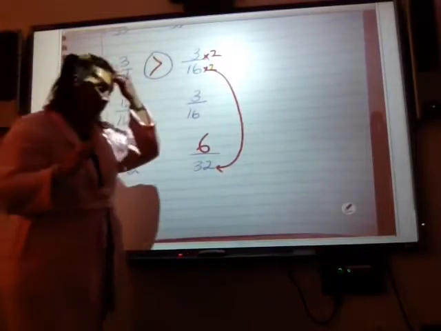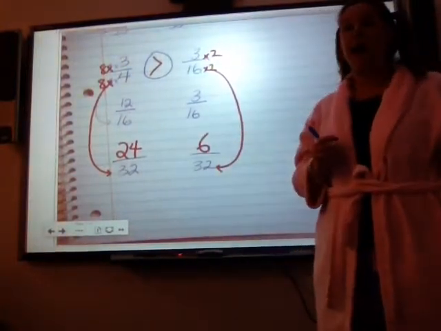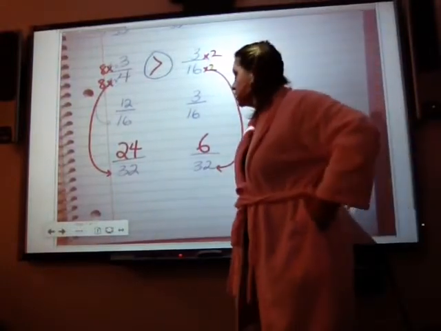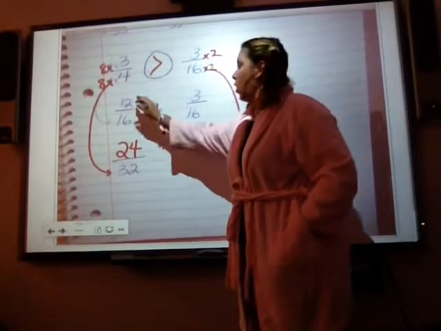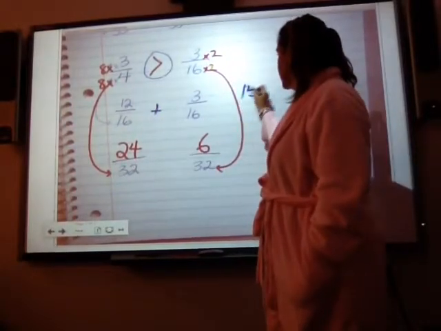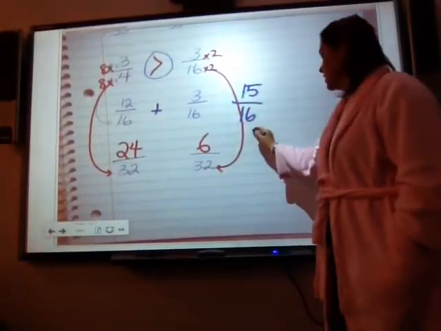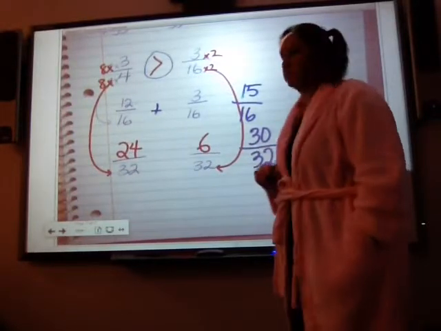Let's just say I was adding these answers. I would add 12/16 plus 3/16 to be 15/16. And 24 plus 6 is 30 over 32.